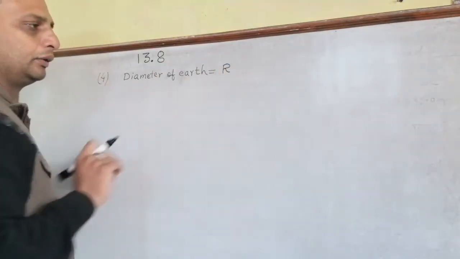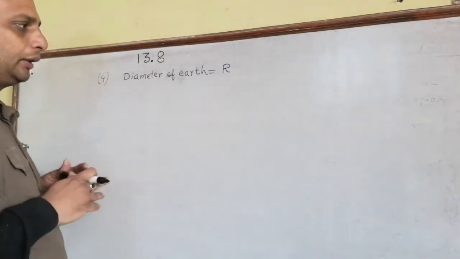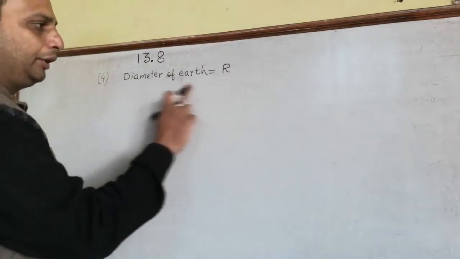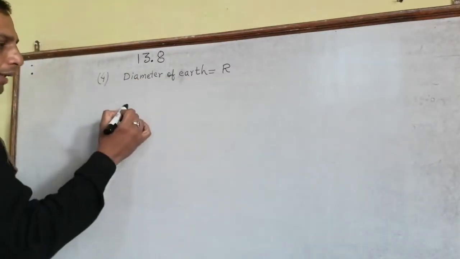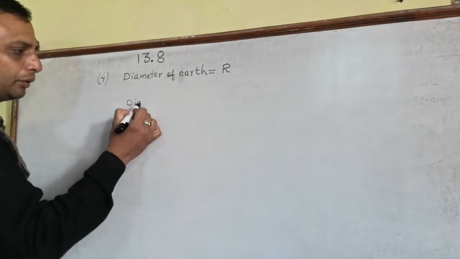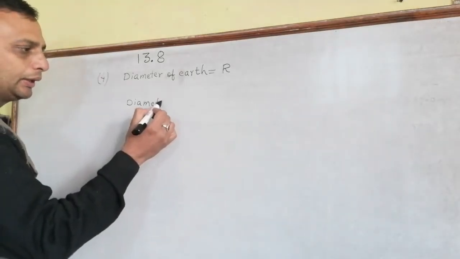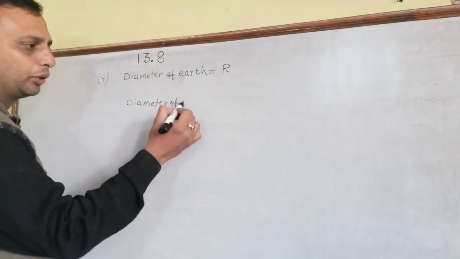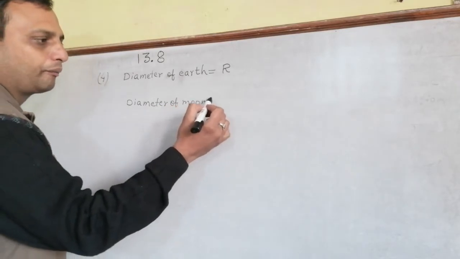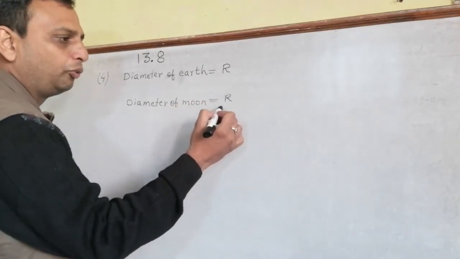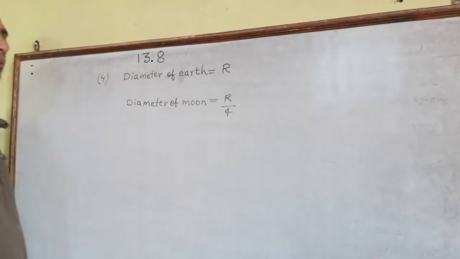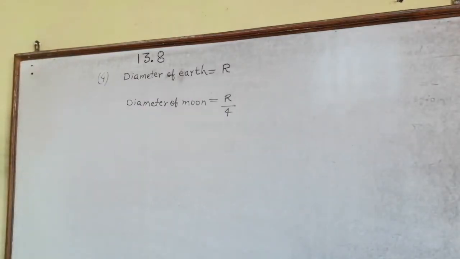R. Diameter of the earth is R. If the diameter of the earth is R, then what will be the diameter of the moon? According to the question it is 1/4, the fourth part of the diameter of the earth.